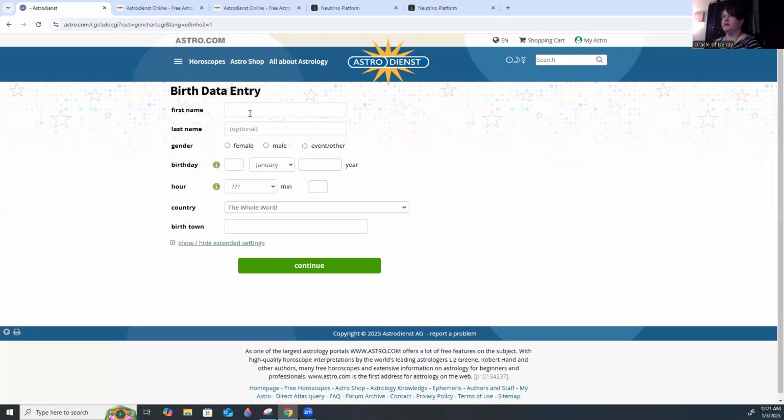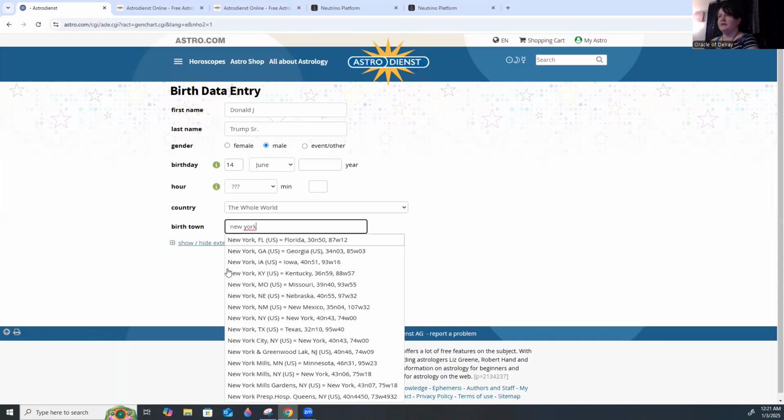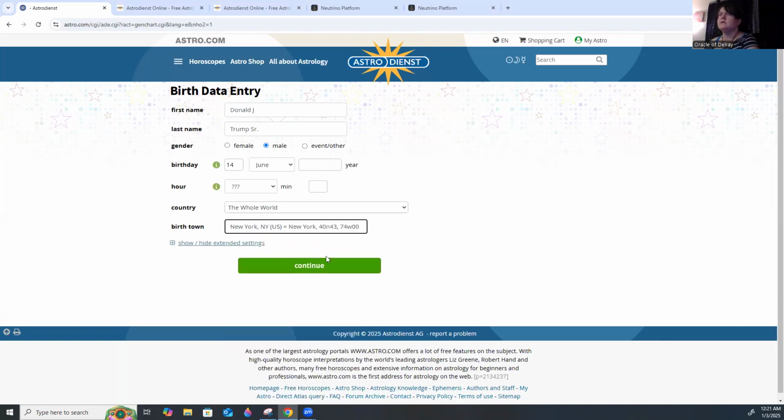I'm just going to add someone in here just for an example. I think he's the 14th of June. I forget the year and the time, of course. So to do your birth chart, you need to know birthplace and time and place. So I think, I forget what year. I'm going to look that up really quick.